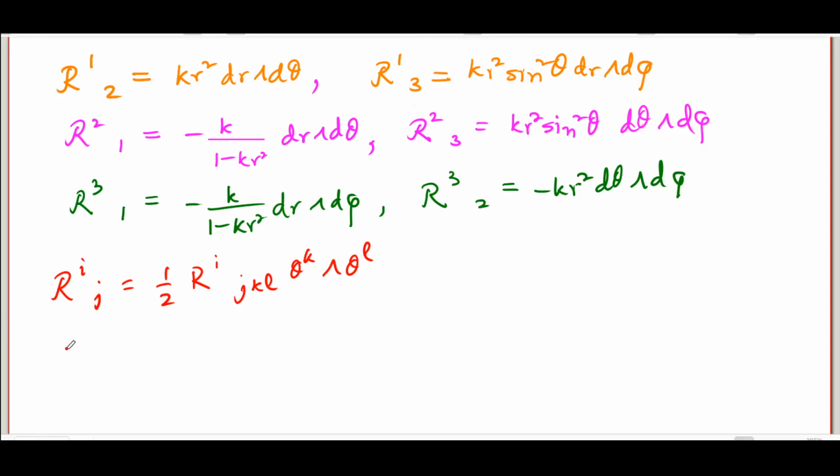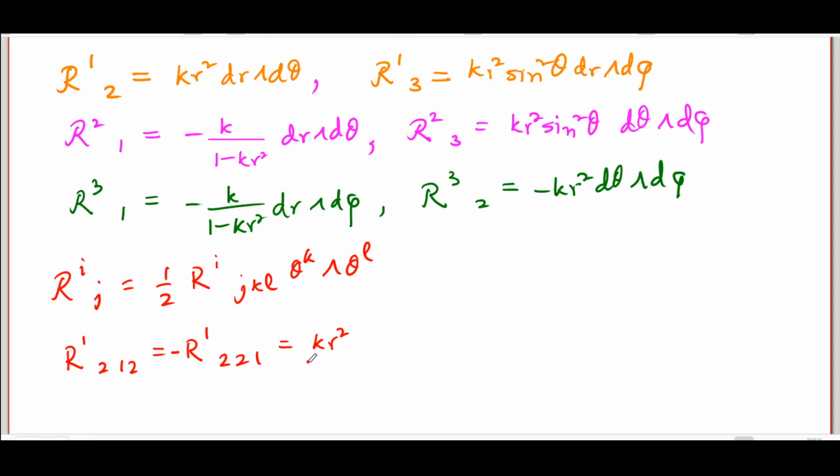So, for example, if you want to figure out R12,1,2, you just have to look at this. Actually, R12,1,2 and R12,2,1 both can be read off from this. Of course, these are actually negatives of each other. And you can immediately read out that the value for both of them, R12,1,2 on the one hand and minus R12,2,1 on the other, is given by kr square. Don't worry about this extra factor of half here.